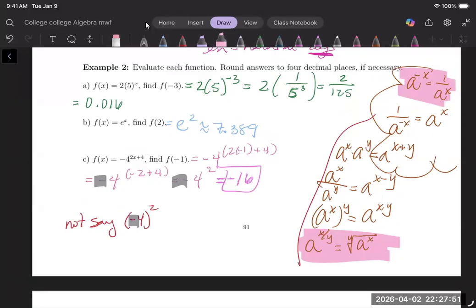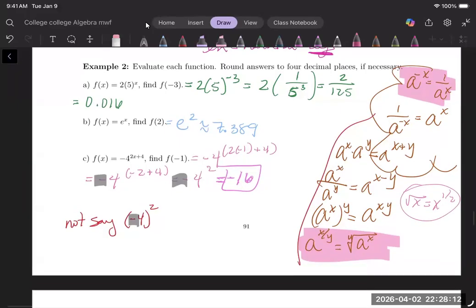One thing I know to be true is that root x is equal to x to the 1/2. If you can keep this straight in your mind, you should be on a solid path to move forward. So just keep that in mind again. Negative exponents move fractional position. Fractional exponents can bring in roots.